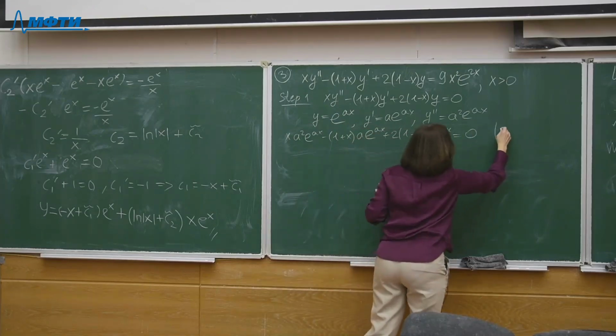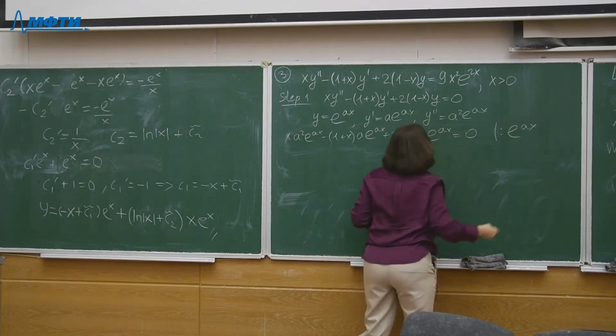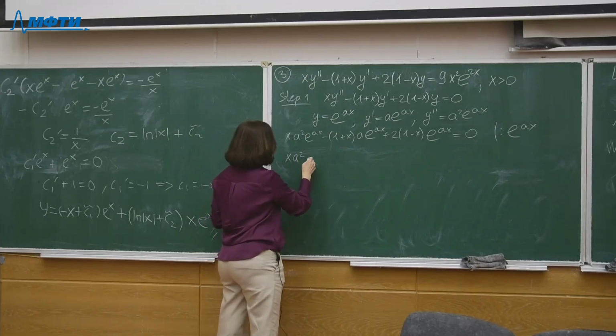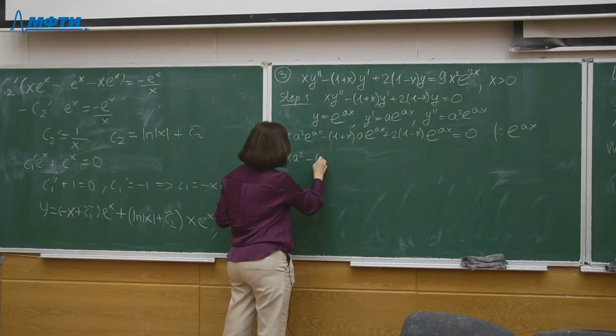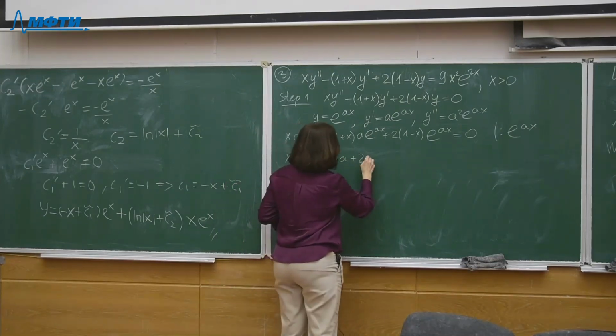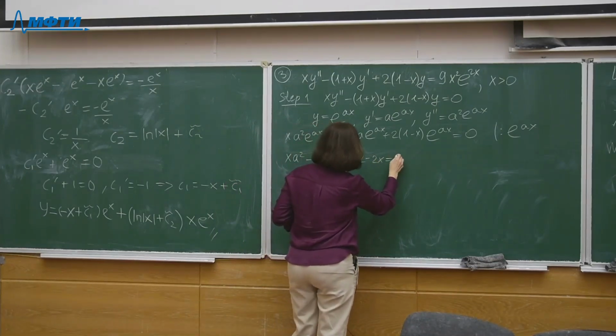We can divide by e to ax, and we will get x a squared minus (1 plus x) a plus 2 minus 2x equals 0.